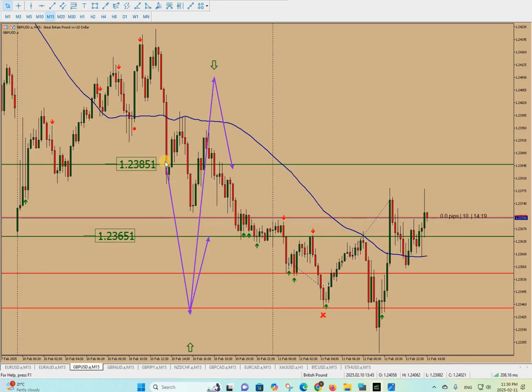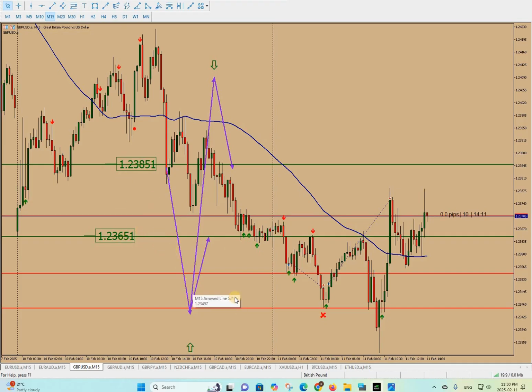And then what we have said is this: if price comes past these two levels, coming to our buying zone, which the market did, and then we had a signal to buy, and this was today. We had a signal to buy.